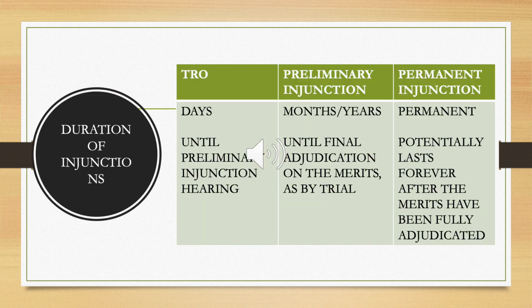So not only is the procedure that is used for TROs and preliminary injunction unusual, but the duration also leaves something that is quite distinct. So for example, a TRO lasts only days, typically until a preliminary injunction hearing, whereas a preliminary injunction can last for months or even years, and certainly until a final adjudication on the merits is established by a trial.